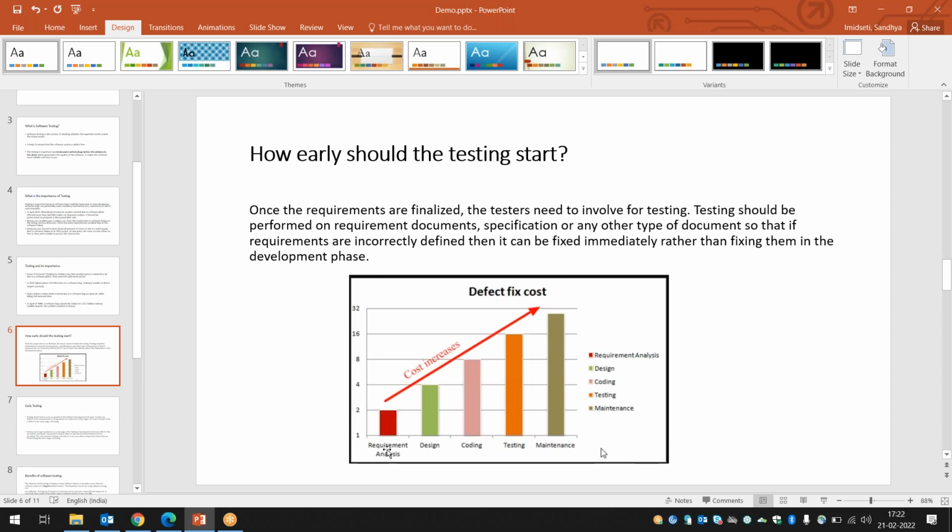After requirement analysis, the design phase takes place, and compared to requirement analysis, the cost is somewhat high. After design, coding is the phase, and compared to the design phase, the cost of fixing defects increases. So that is the reason it is recommended that the testing team be involved in all the phases, right from requirement analysis till maintenance.